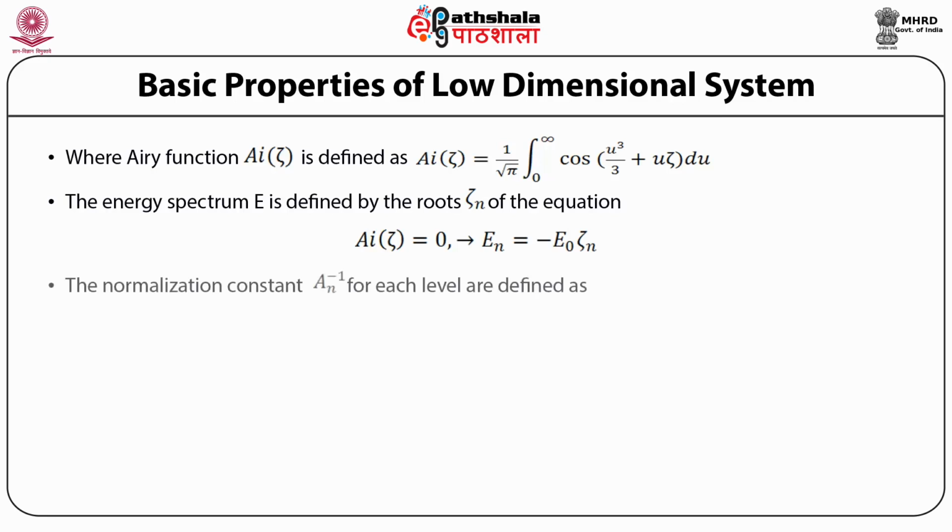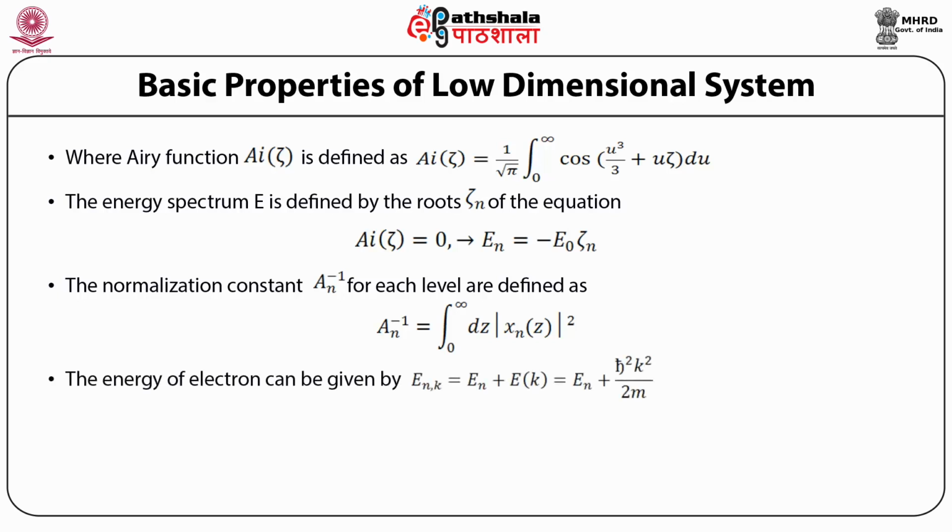So now here the normalization constant An for each level is defined by An⁻¹ equal to the integral from 0 to infinity dz of |χn(z)|². So the energy of an electron can be given by Enk = En + Ek = En + ħ²k²/2m.